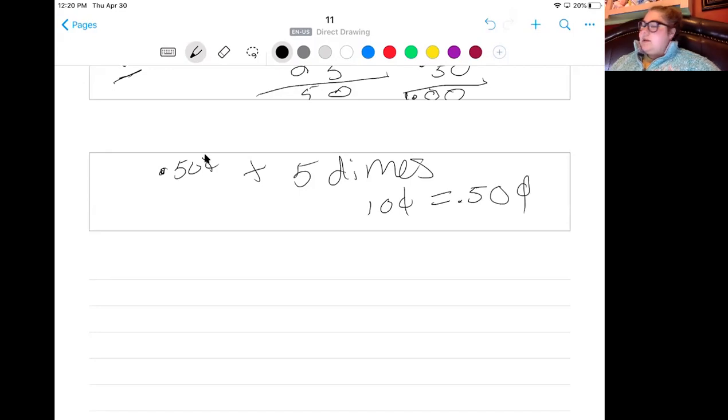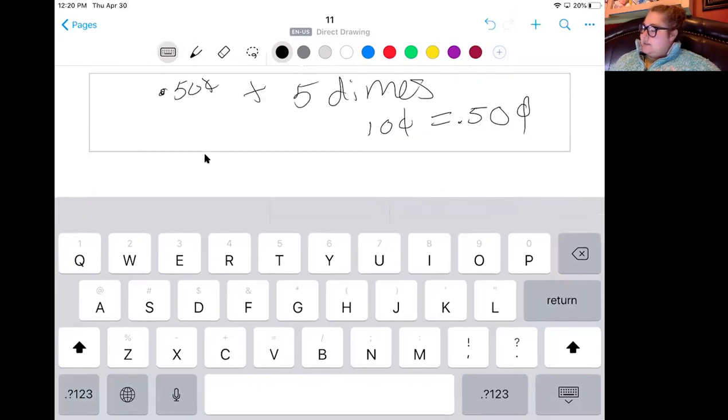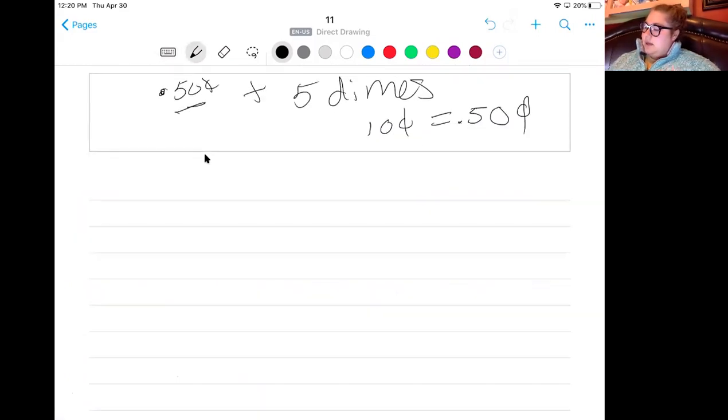All right. Didn't we just discuss, 4 quarters equal $1? All right. So if we already had 50 cents here, and now we got 50 cents from our dimes. So we just figured that out earlier. So 50 cents.